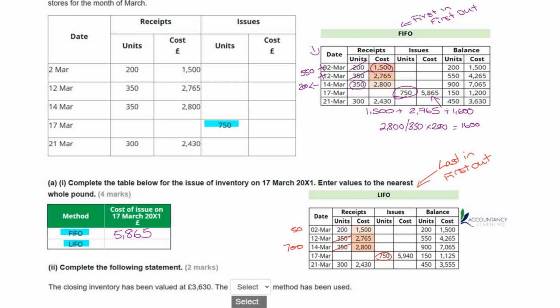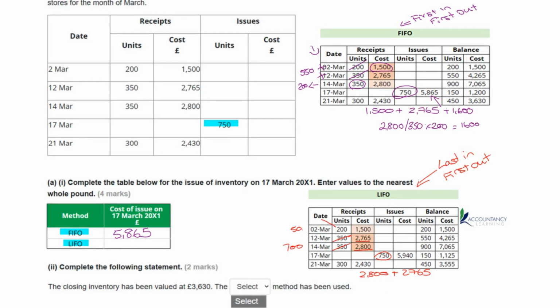So we're going to do the similar thing as to what we've done with FIFO. We're taking the full 2,800, the full 2,765.